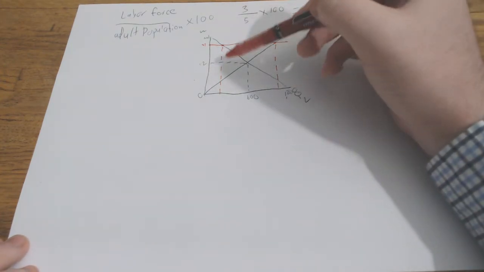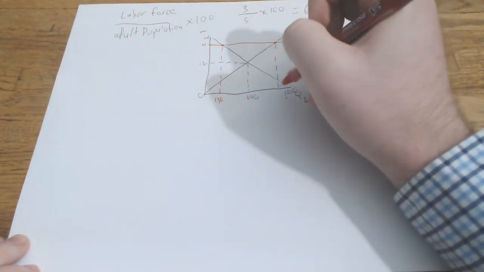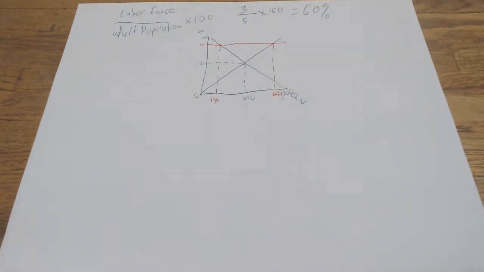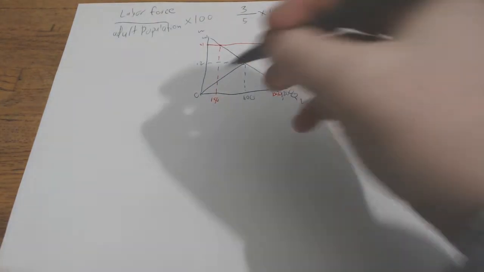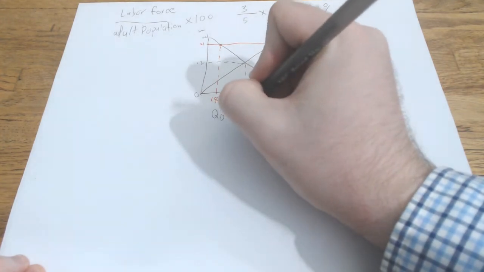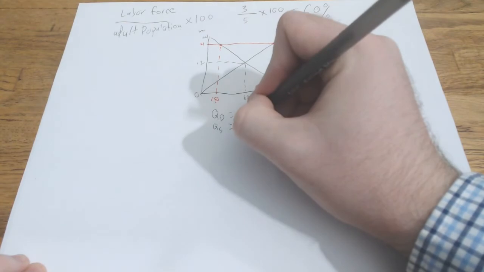So at this point, it's going to be 150. At this point, it's going to be 1050. So this is going to be the quantity demanded, equal to 150. Quantity supplied is going to be equal to 1050.